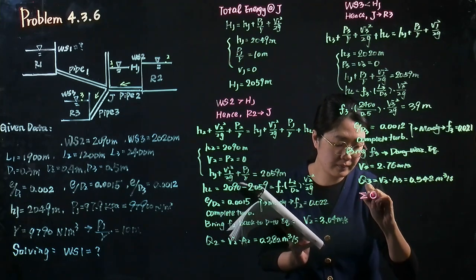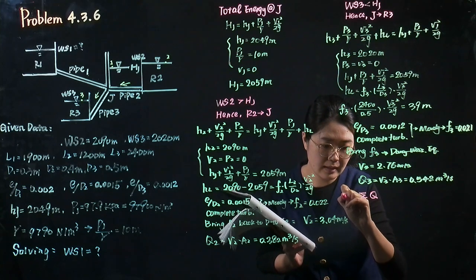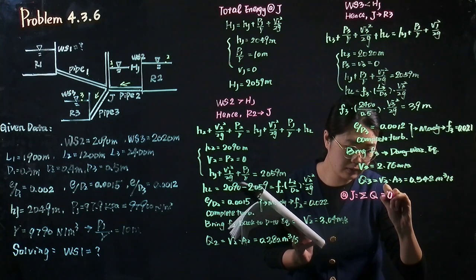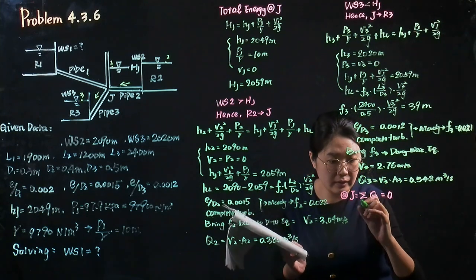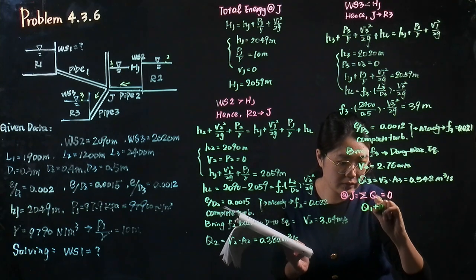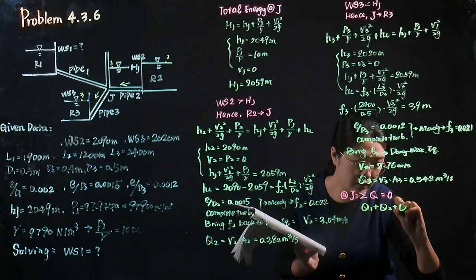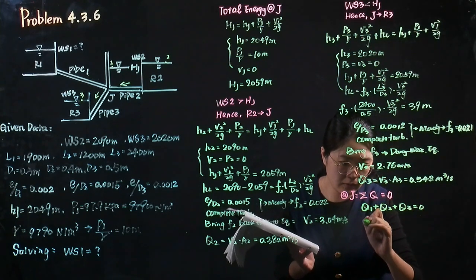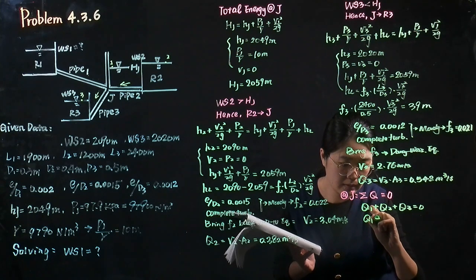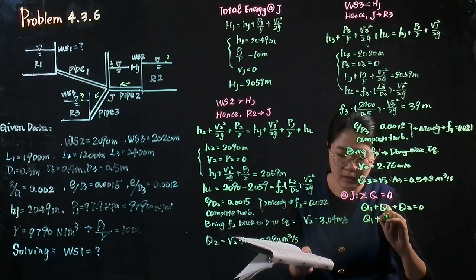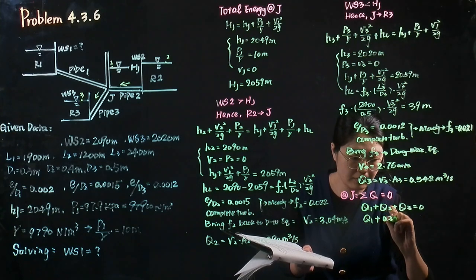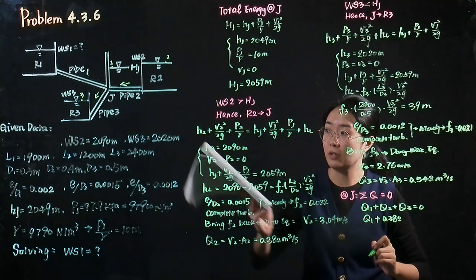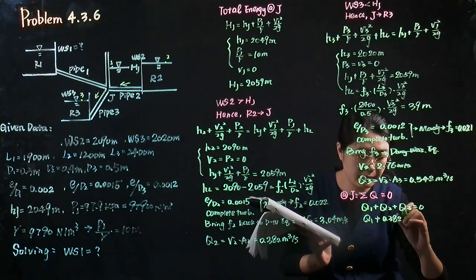The sigma Q at joint point J equals 0. Then Q1 plus Q2 plus Q3 is 0. Q1 is unknown. Q2 equals 0.382, because it is flowing from the reservoir 2 to the junction, so it's positive.